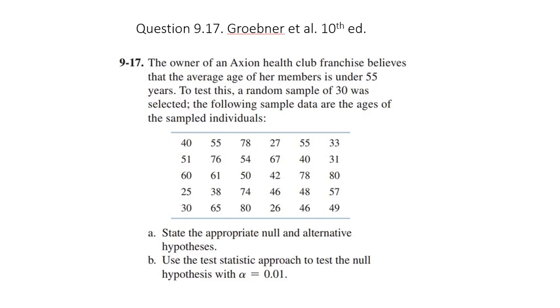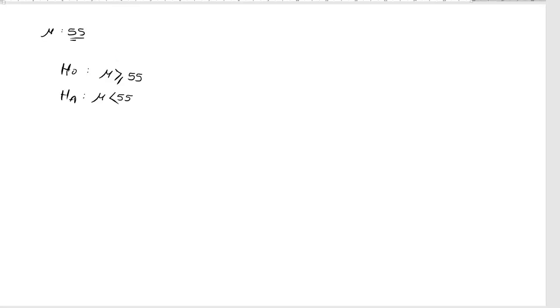Now look at part B. Part B says use the test statistic approach to test the null hypothesis with alpha 0.01. So alpha is 0.01. Now if I draw the distribution, let's summarize what we've got from the question.